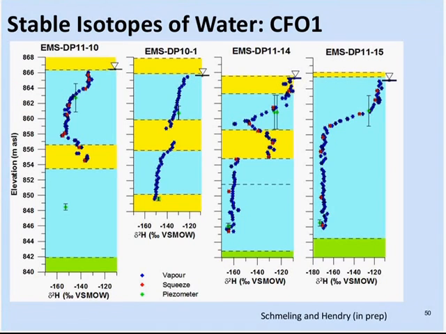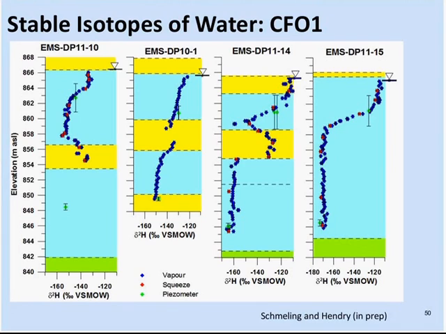Now, this is the result. This is fascinating. I'll just orientate you here. These are 4 of the core holes. The yellow material is sand, and the bluish material is aquitard clay material. Now, let's start on the far figure on the right. You'll see the little triangle at the top. That's the water table.